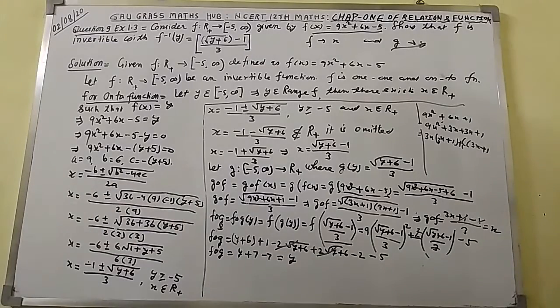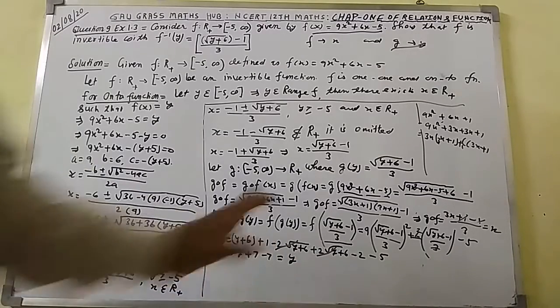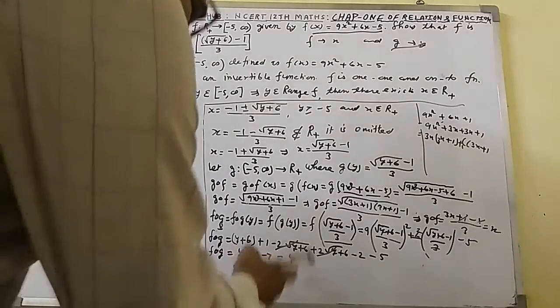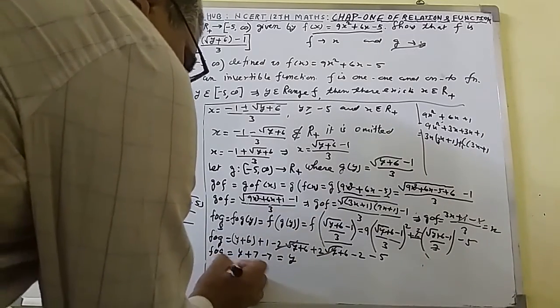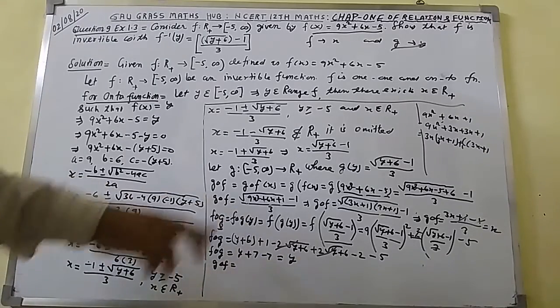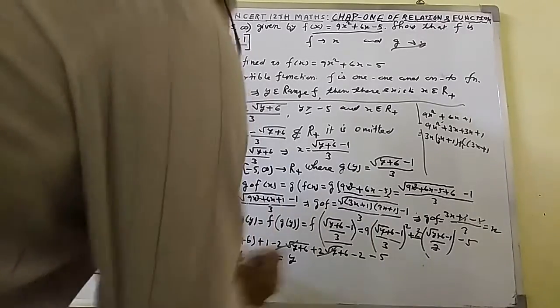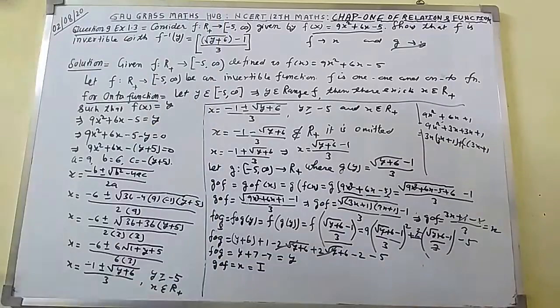So since I have got fog equal to y, and I have got gof equal to x, so gof I have proved. Gof gives us x. The value of gof you have got is x. This will become the identity function. Gof equal to x, you have got the identity function.